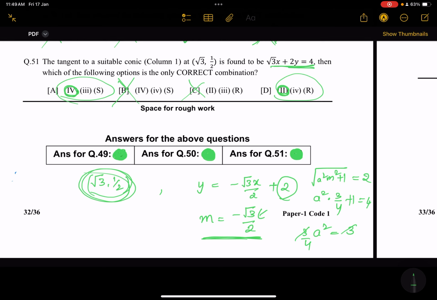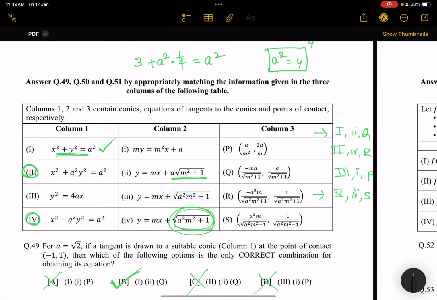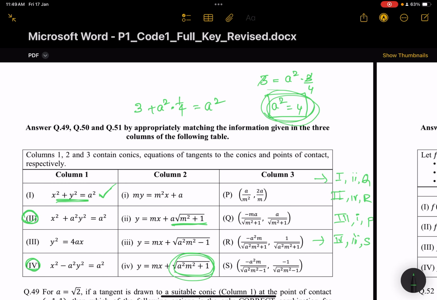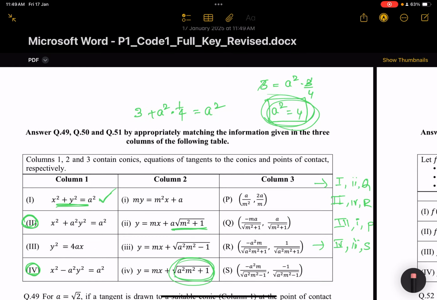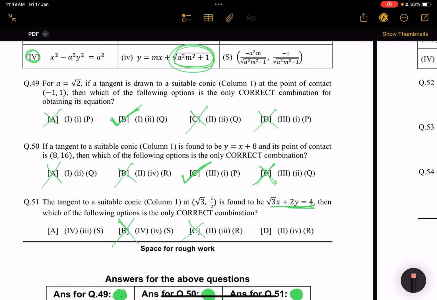So a square is equal to 4. So from the tangent equation we got a square is equal to 4, and from the point of contact also we got a square is equal to 4. So our assumption that it is an ellipse is correct. So option D is the correct answer.